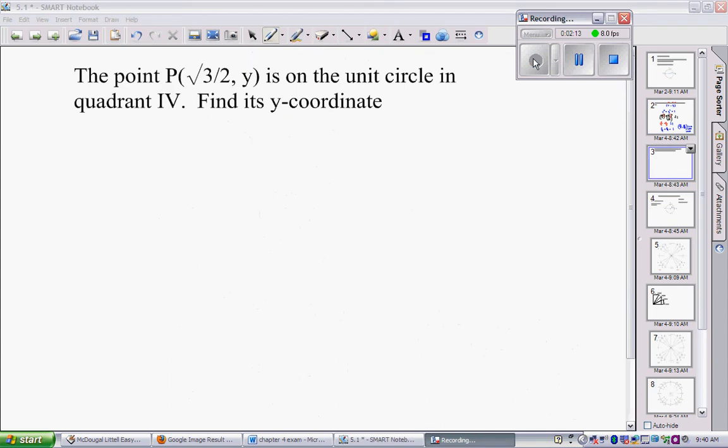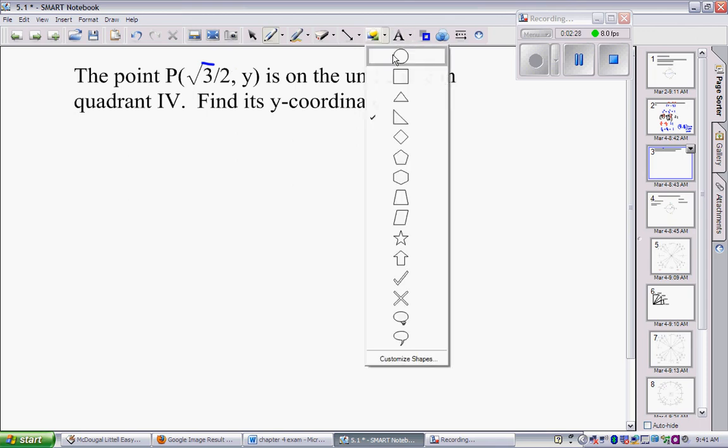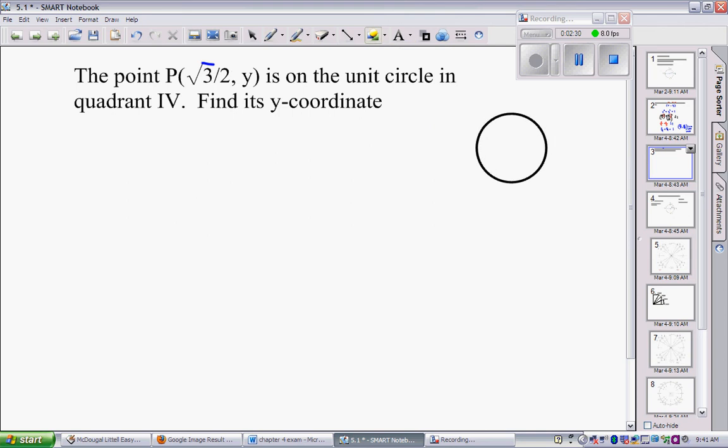We're now checking the point root 3 over 2 comma y, and we're being told it's on the unit circle in quadrant 4. So we need to find its y coordinate. So let's just think about a circle and its points.